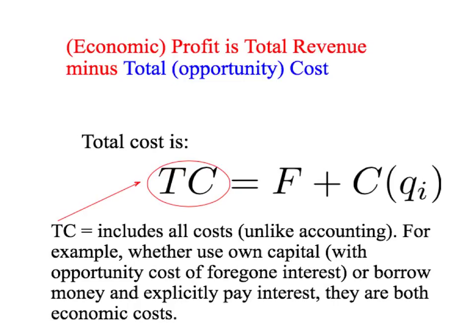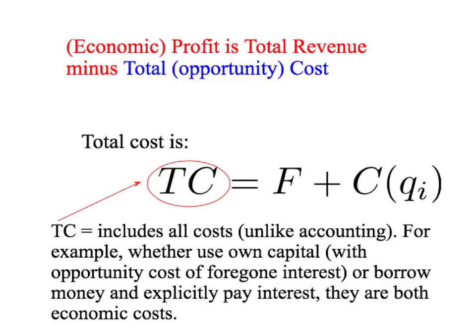There's a cost of using that capital. You could have put that capital in the bank. You could have invested in the share market. You could have bought a house or some other use with that $1 million. The best alternative foregone when you use $1 million to buy the equipment to start a business, that's an opportunity cost of $1 million.